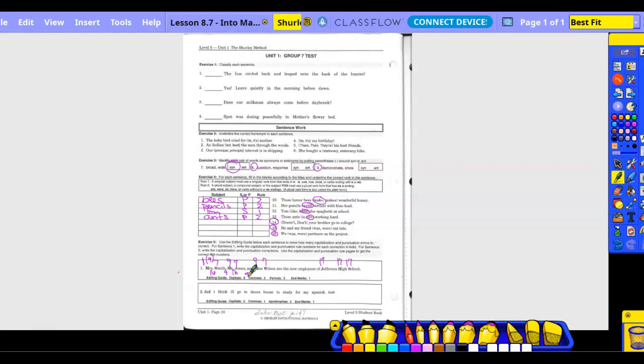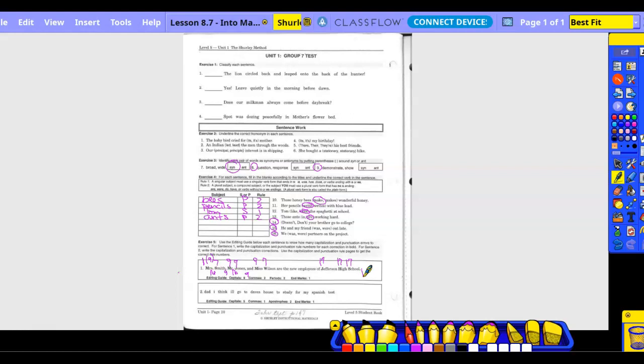Anybody know what that period would be labeled as? Number 1. Okay, what does number 1 say? Use a period at the end of a sentence or a statement. Okay, so that's kind of how you label them, and then you would use these reference pages to help you identify what would need to be capitalized in a sentence or have correct punctuation.